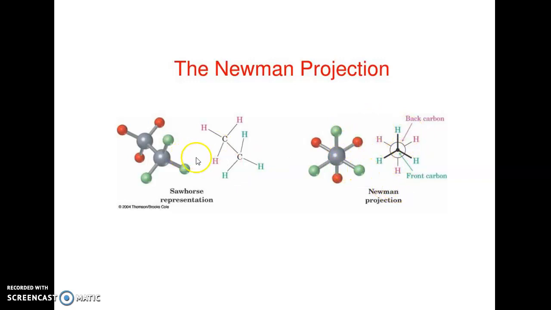This is the sawhorse representation and this is the Newman projection. This is the front carbon and this is the back carbon. You can see in the model, this is the front carbon and this is the back carbon, for the sawhorse representation and for the Newman projection. This is the front and this is the back, which can be viewed like this.